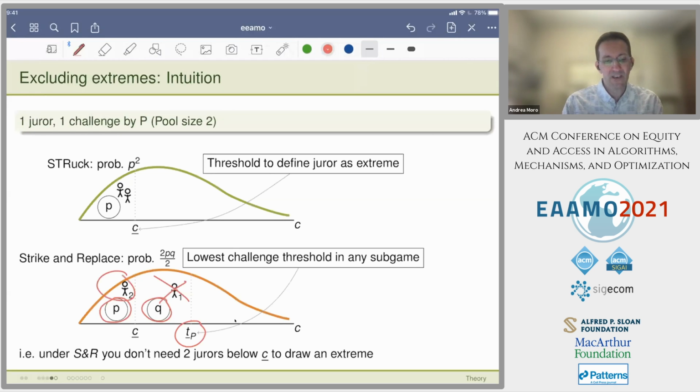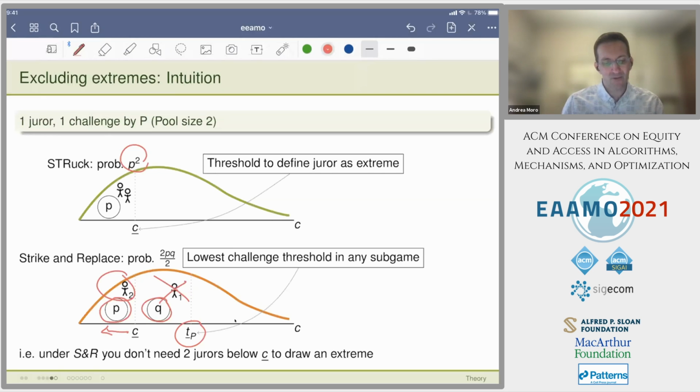Juror number 2 is extreme. He would not have been seated under struck, because the prosecution would have seen that the second juror was worse. Now the probability that this occurs is P times Q, which as P converges to 0 goes to 0 more slowly than P squared. And so strike and replace will end up with, on average, more extreme jurors than struck.